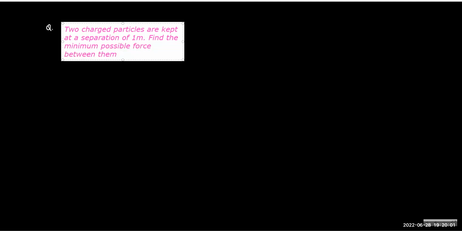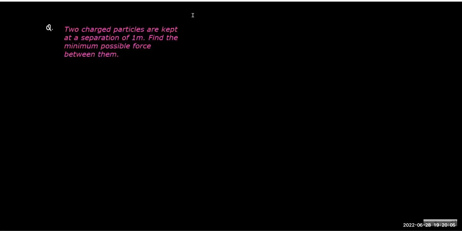Just 1 meter, good enough. Find the minimum possible force between them. What is the answer? I can give just 1 minute. So there are two charged particles at a separation of 1 meter. What is the minimum force possible?